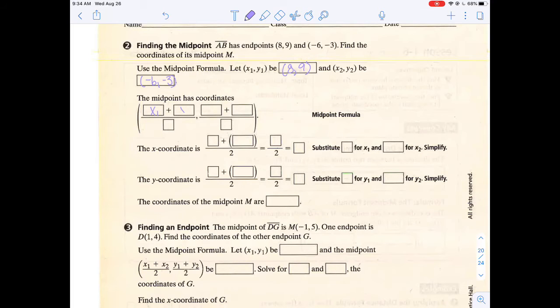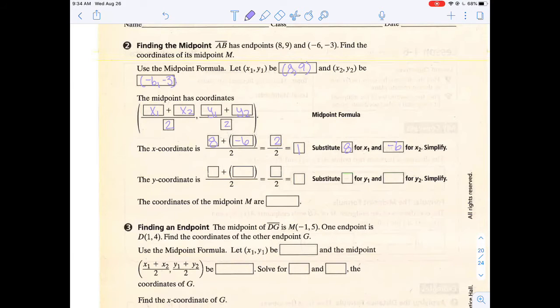Alright, the midpoint formula is (x1 plus x2) divided by 2 and (y1 plus y2) divided by 2. So we know that the first x coordinate is 8 and -6. 8 plus -6 is 2, over 2, which is 1. And all we did was substitute in 8 for x1 and -6 for x2.